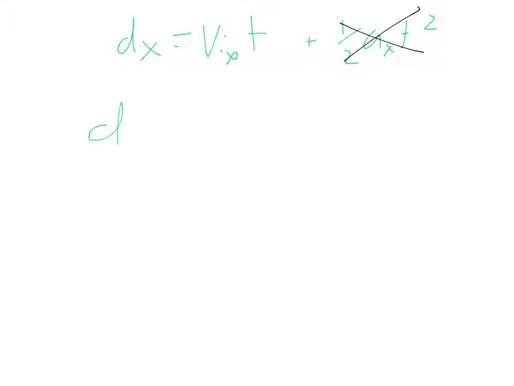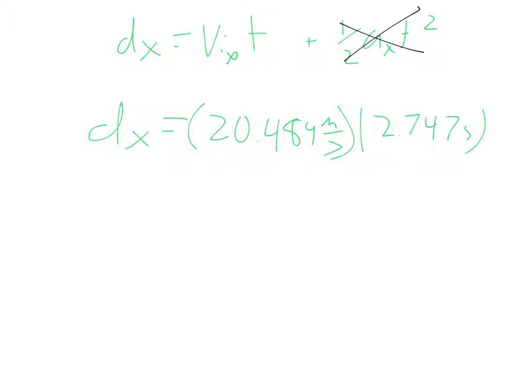All right, so my dx is equal to Vx, which is that horizontal component of velocity that we found all the way back at the beginning of the problem. It was 20.489 meters per second, times this time of 2.747 seconds.